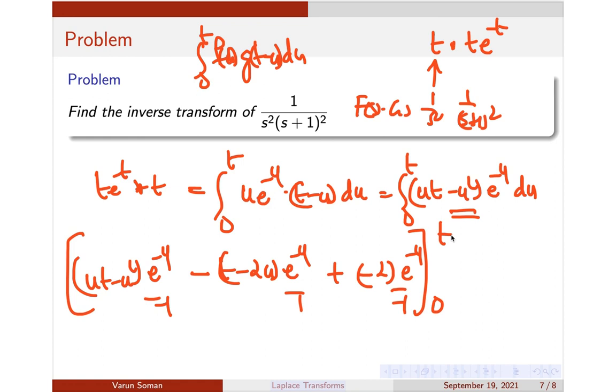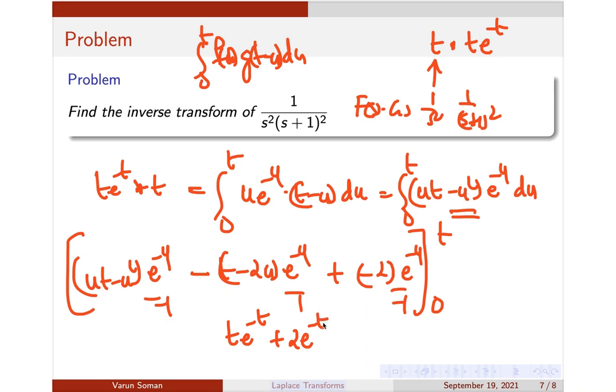When you substitute t, the first quantity will be 0, t square minus t square is 0 here. Second quantity will be minus t minus 2t, that is t minus 2t is minus t, so plus t e raised to minus t. Again if you substitute it here, it is again plus 2 e raised to minus t.